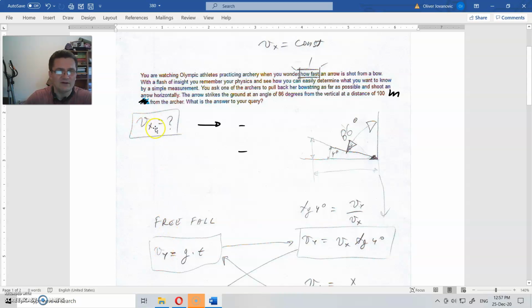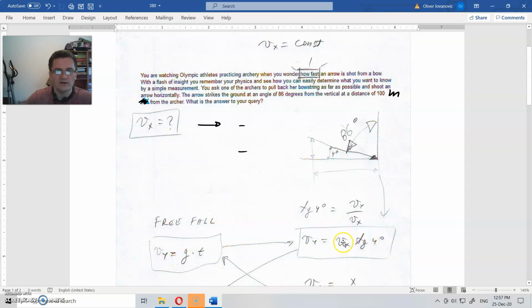Because there was no initial vertical component of the speed, this is the motion in the vertical direction, and that is downwards. On one hand, Vy is gt. On the other hand, from here, Vy is Vx times tangent of 4.